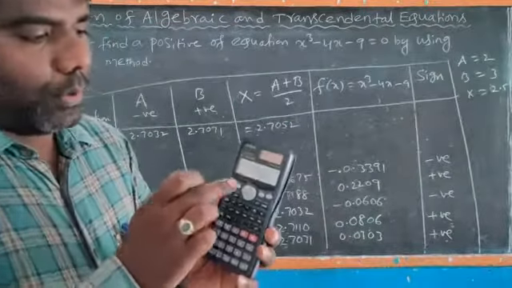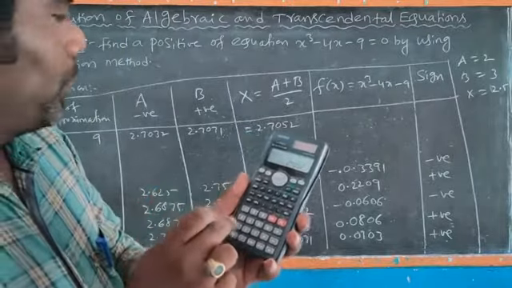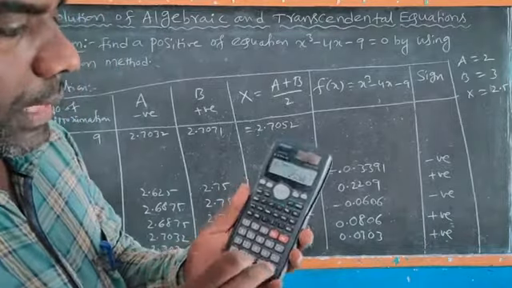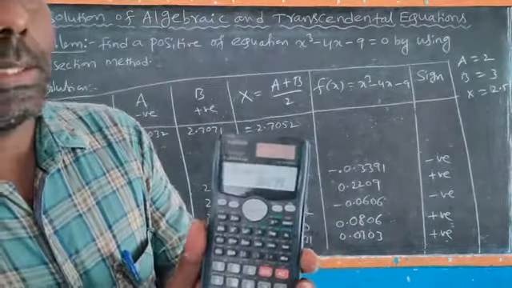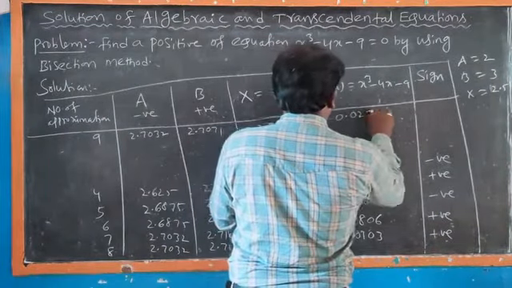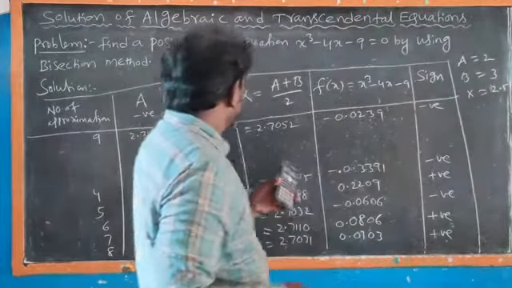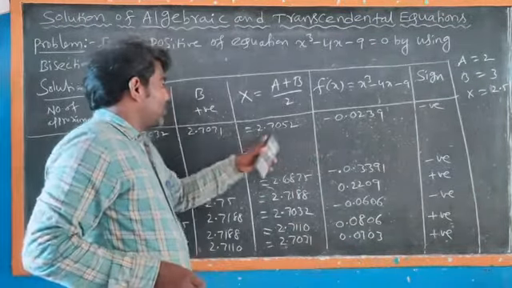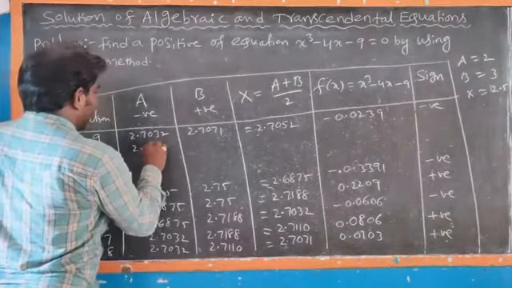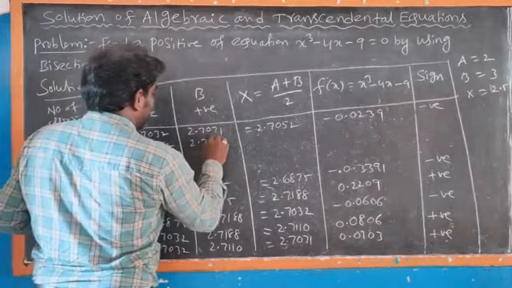Okay. Now go back. We get the equation. Then substitute x value 2.7052. Then minus 0.0239. This is a negative value. So substitute x value in the negative values.